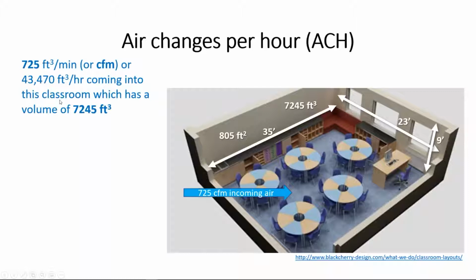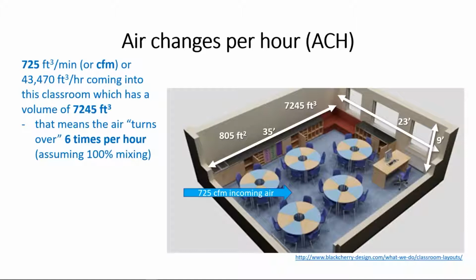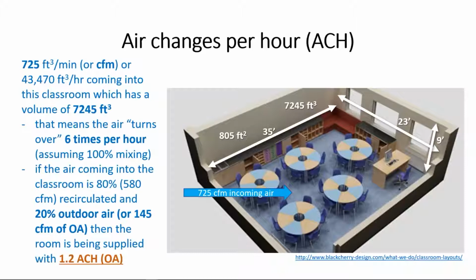And then when you divide it by the volume, you get the number of air changes. So when you divide 43,000 by 7,000, you get roughly 6 air changes per hour. And you're assuming that mixing is perfect, which in a classroom is usually pretty good, but in some of the rooms may not be as well.